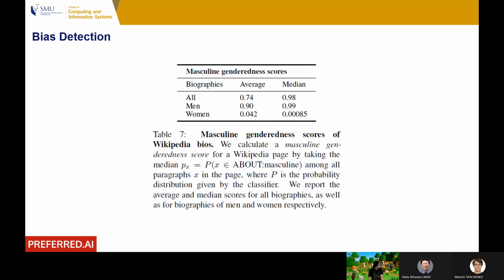So, bias detection. I don't really know what the authors were doing here, but they basically showed us some distribution of gendered scores on male and female biographies, and they found that all biographies are kind of skewing towards the masculine side.